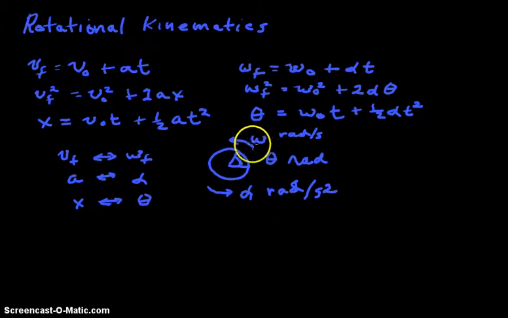So just some examples of this. Here the Earth rotates at 360 degrees per day completely around, and then the Earth has zero angular acceleration, at least we hope it does.